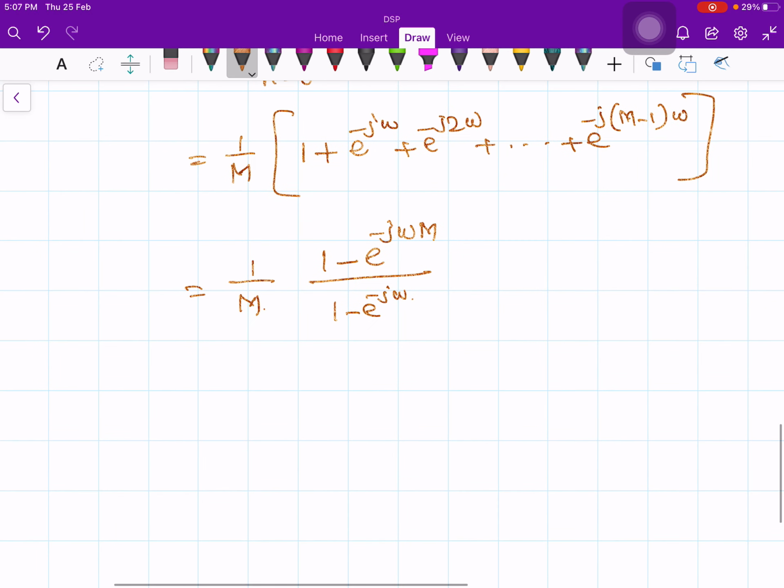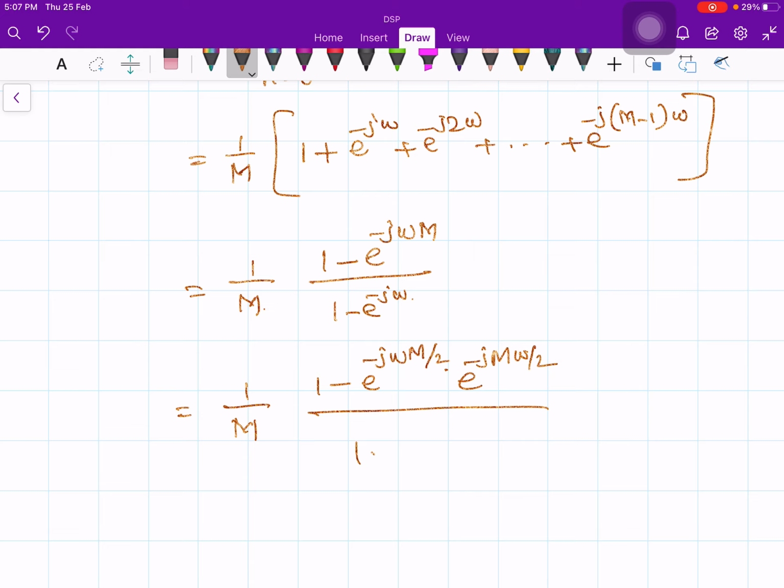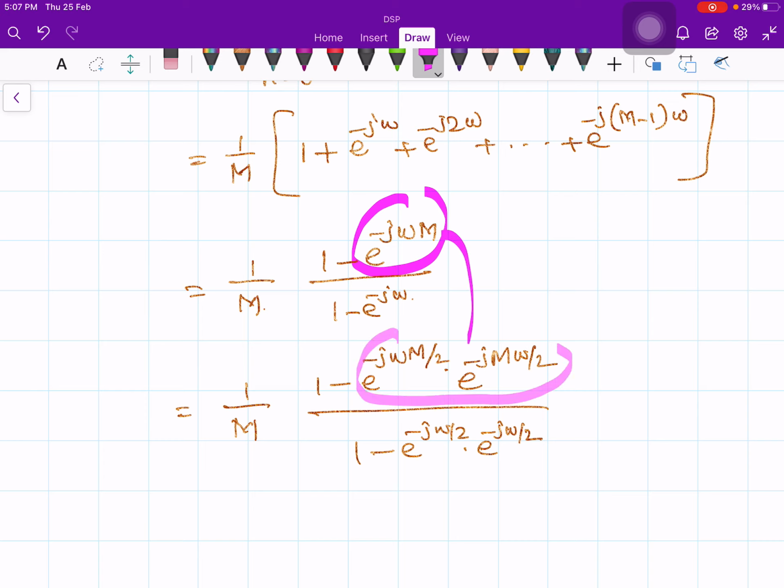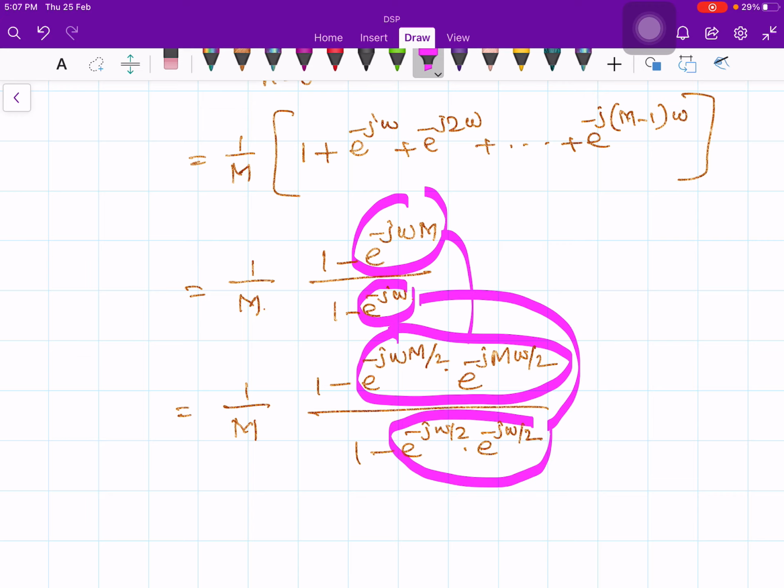What you can do is 1 divided by M, 1 minus e to the minus j omega M, written as 2 times e to the minus j capital M omega divided by 2, divided by 1 minus e to the minus j omega, written as 2 times e to the minus j omega by 2. Similarly, in the denominator, I have e to the minus j omega that can be written in terms of these two factors.